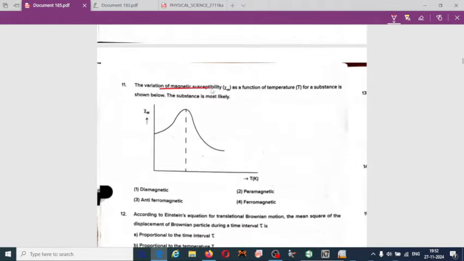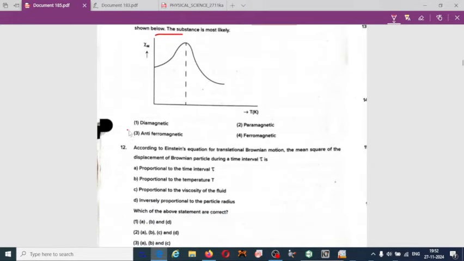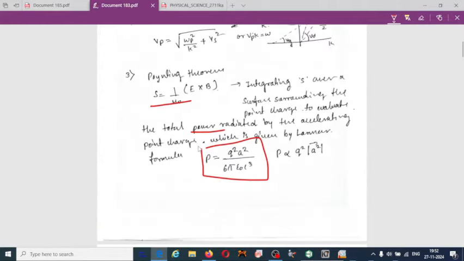Variation of magnetic susceptibility as a function of T for a substance is shown below. The substance is most likely antiferromagnetic. This diagram shows the variation of magnetic susceptibility with temperature for antiferromagnetic material. Why?